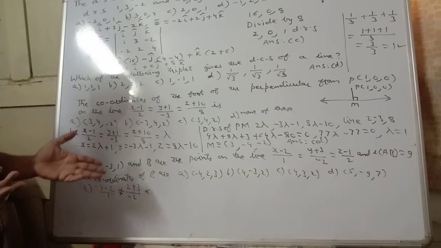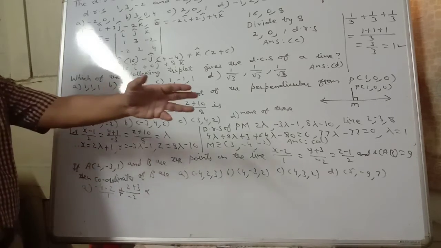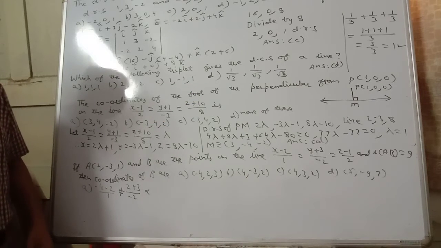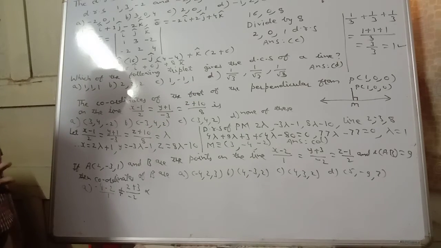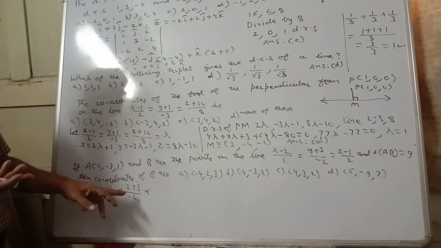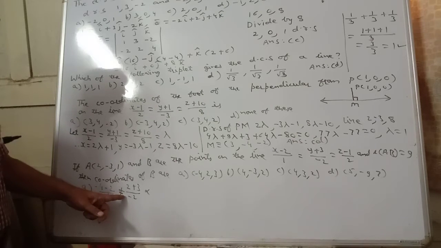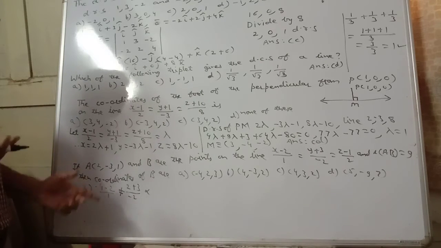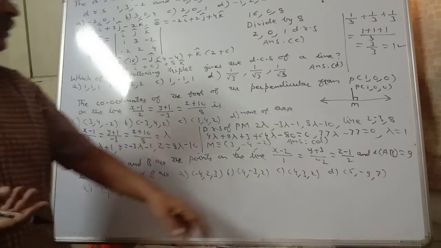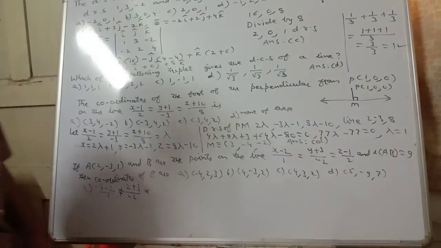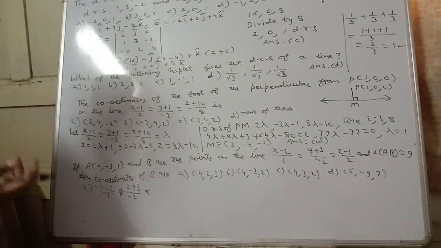Other condition, we have to verify whether length AB equal to 9 or not by using the distance formula. But here for option A it is not necessary, because coordinates in option A do not satisfy the first condition. If the first condition is satisfied, then only we shall verify whether length AB equal to 9 or not.